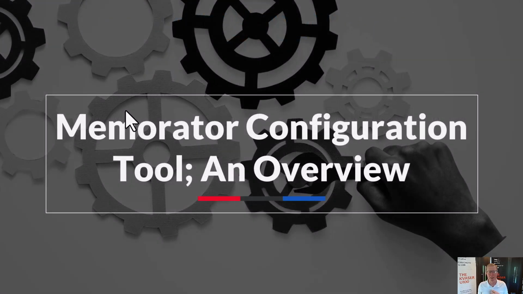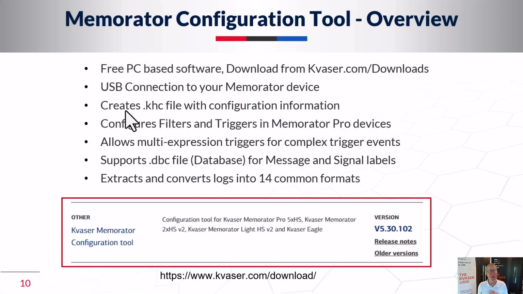Memorator configuration tools is the main piece of software that I'm going to talk about today. It's free, downloadable from the Kvaser download site. The software makes a USB connection to your Memorator device. It creates the KHC file with the configuration information, and it allows you to create a configuration file that does filters and triggers, all in the Memorator Pro device, and allows multi-expression triggers and complex triggers that I'll talk about a little bit.